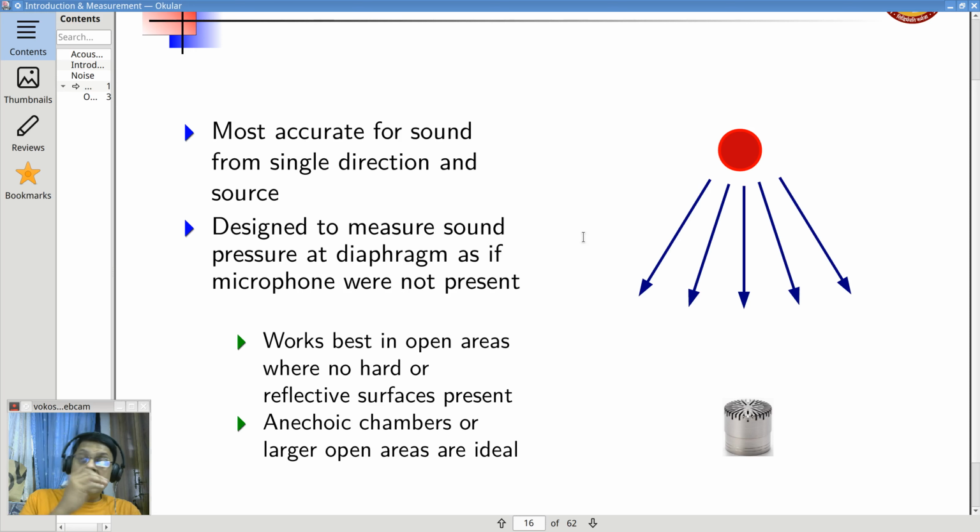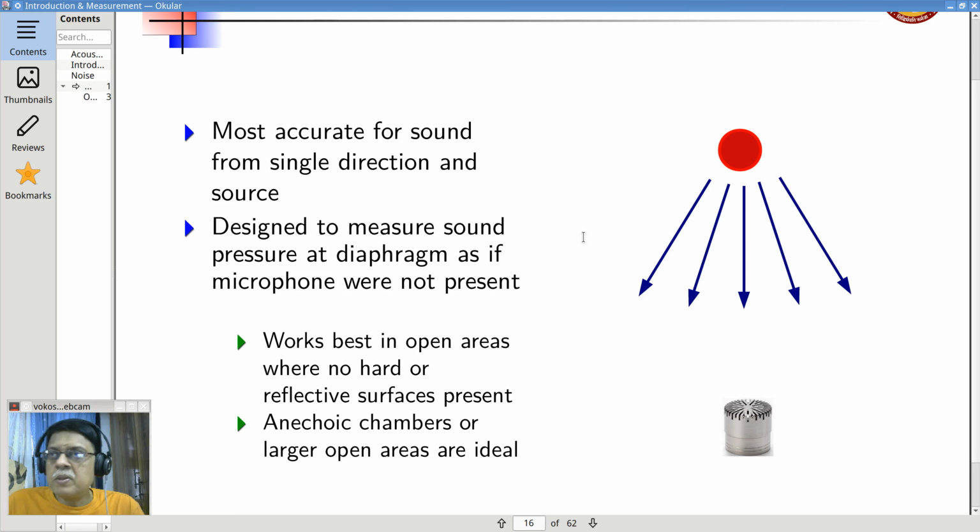Now the opposite of this is where there are infinite reflections, so multiple reflections. No reflection is free field. Multiple reflection is what is called a diffuse field. Diffuse means it is reflecting from all directions, so you have no idea where the sound source is. You turn your ear everywhere, you will be saying where is the sound coming from.